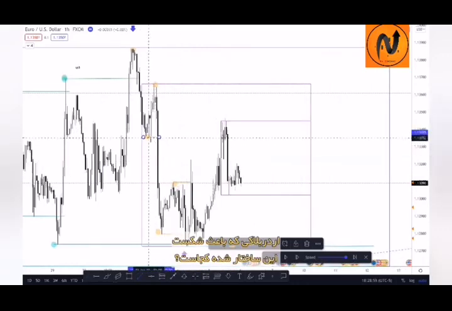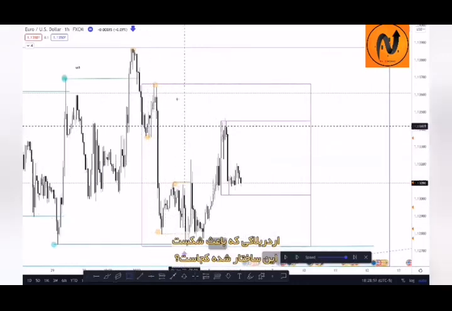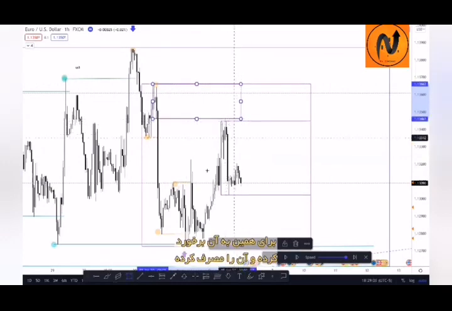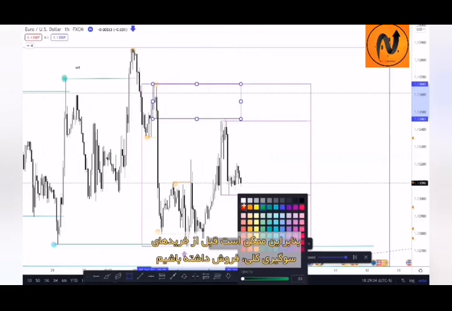What was the OB that caused this break of structure? This one right here. That's why it tapped, mitigated. Right, we might see some selling occur before our overall buys.